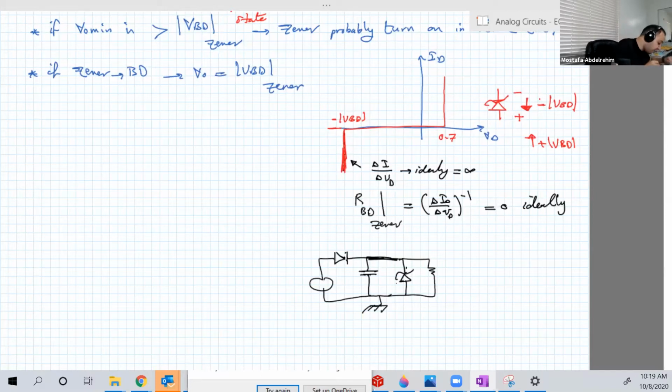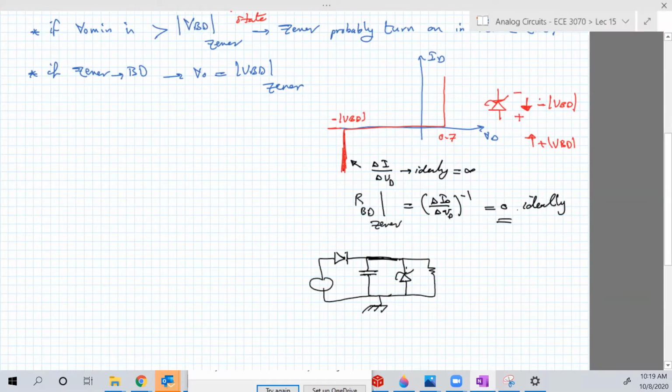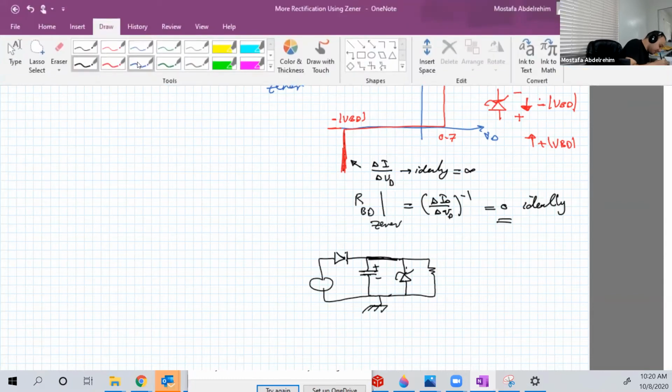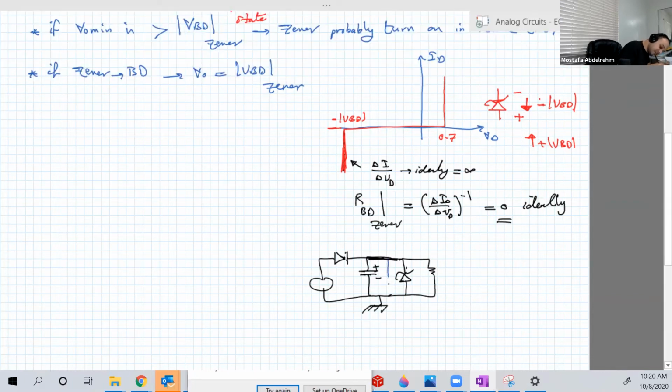Knowing that the breakdown resistance of the Zener is almost zero, very small. The capacitor never charges past V breakdown, and so past that point in time in the waveform, the voltage decreases, so it's never going to be above it. And when the capacitor discharges, it will see in front of it a short circuit, just like this. Short.